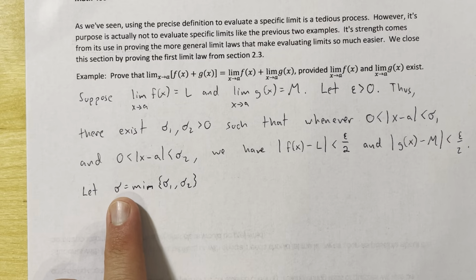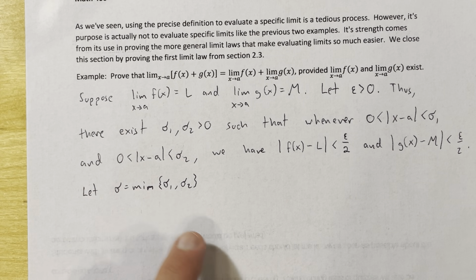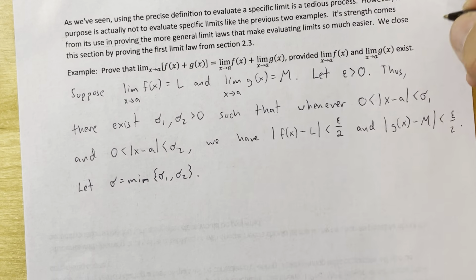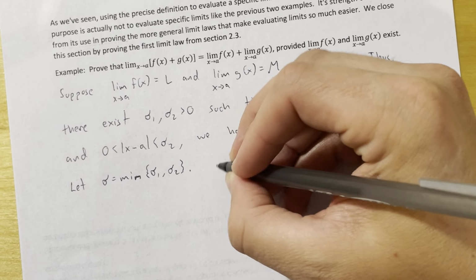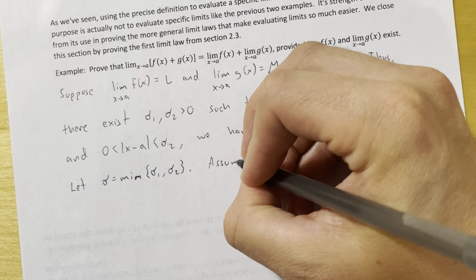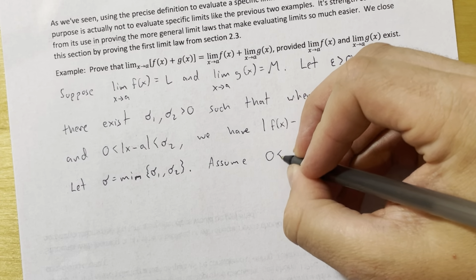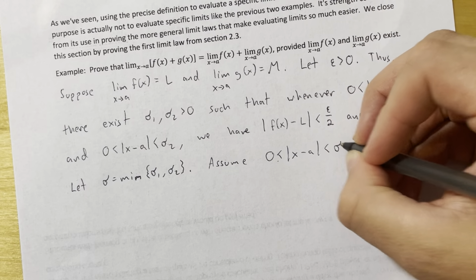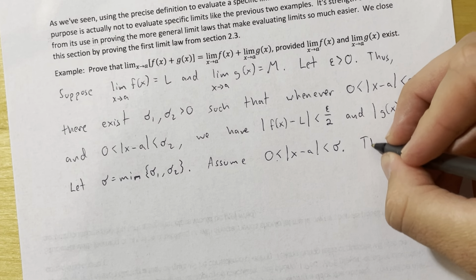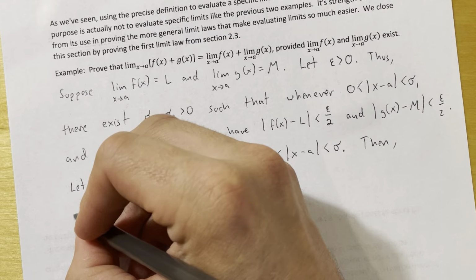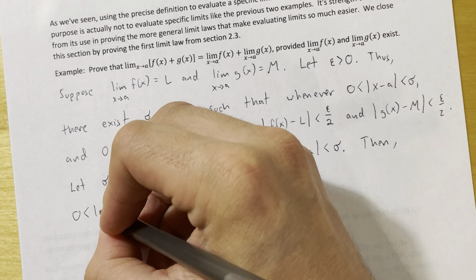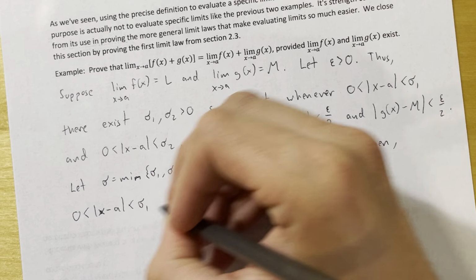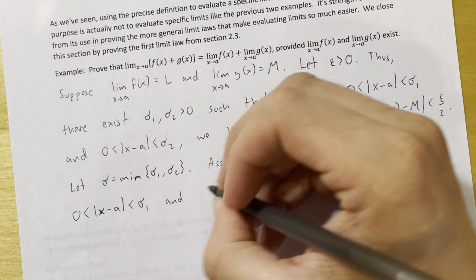In this case, I'm setting delta equal to the smaller of these two deltas. And then I'm going to assume |x minus a| is less than delta. If that's true, then I get both of these statements as a result of that assumption.